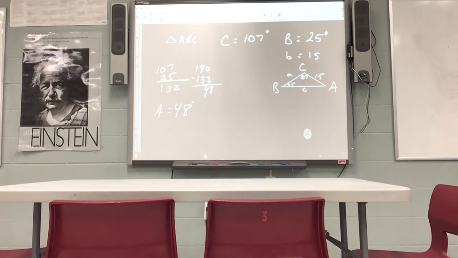Okay, so Tyler's cued in on B, because we know angle B and we know side B, right? Which way do you want to set that up, Tyler, with the sine on top or the side on top? Do 15 over sine of 25 equals.